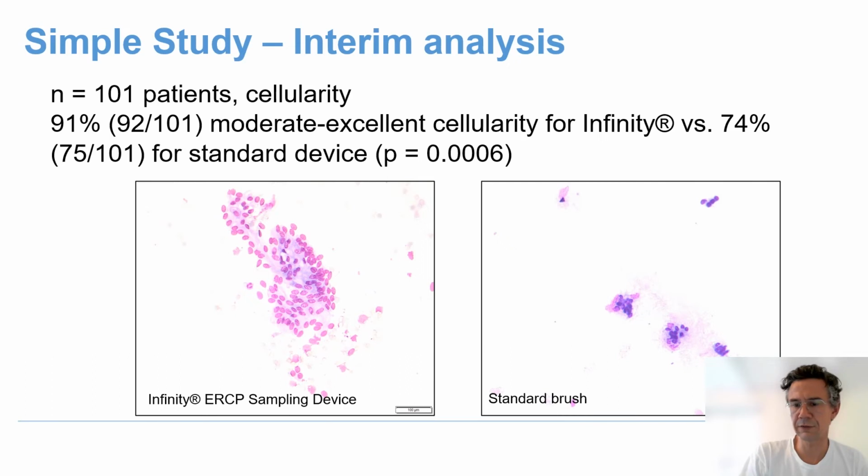This was a significant difference between both study arms. As you can clearly see from the pictures on the bottom of this slide, the Infinity ERCP sampling device abraded more cell material compared to our standard brush.